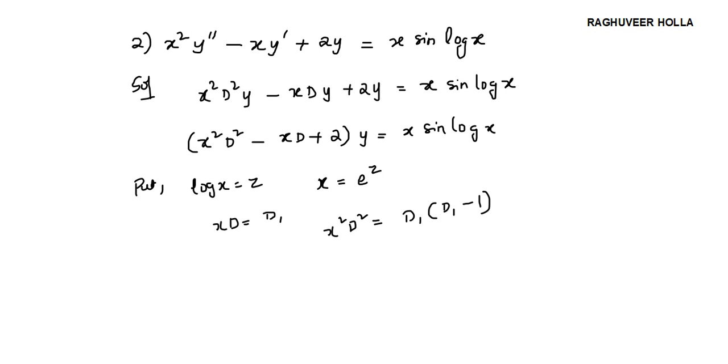So this is (D1 into (D1 minus 1) minus D1 plus 2) into y, where x is e to the power of z and sine log x is sine z. So you got this. Now further simplification, let us do that.